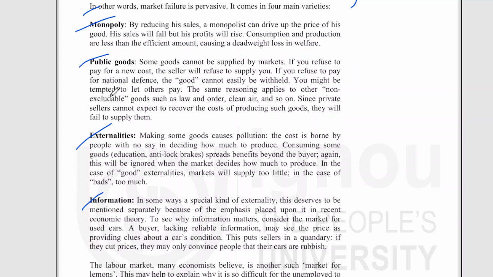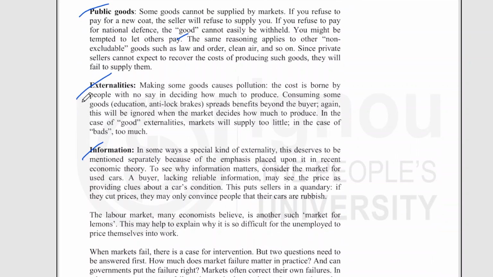In public goods, some goods cannot be supplied by the market. If you refuse to pay for a new court, the seller will refuse to supply you, but if you refuse to pay for national defense, the good cannot easily be withheld. You might be tempted to let others pay. Okay, so that is public goods.